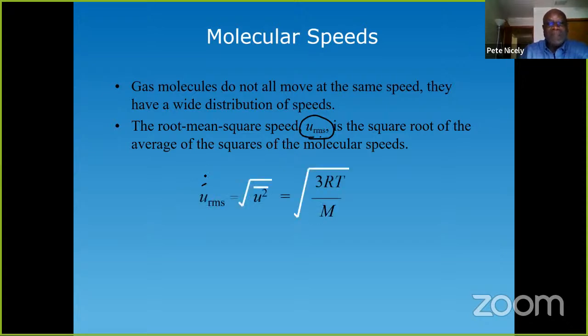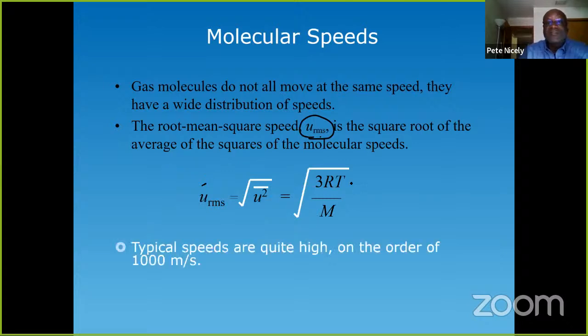So if you remember, I said that the average of the squares of the speeds of the molecules, u squared average, will be equal to u squared for molecule 1 plus u squared for molecule 2 plus u squared for molecule 3, all the way to u squared for molecule N, right? So that's the mean of the squares of the speeds of the molecules.